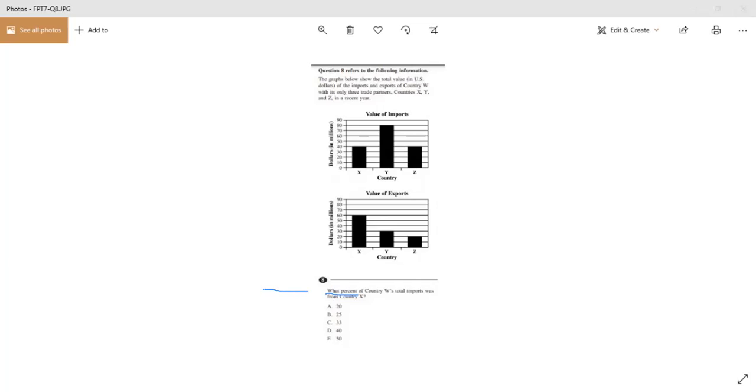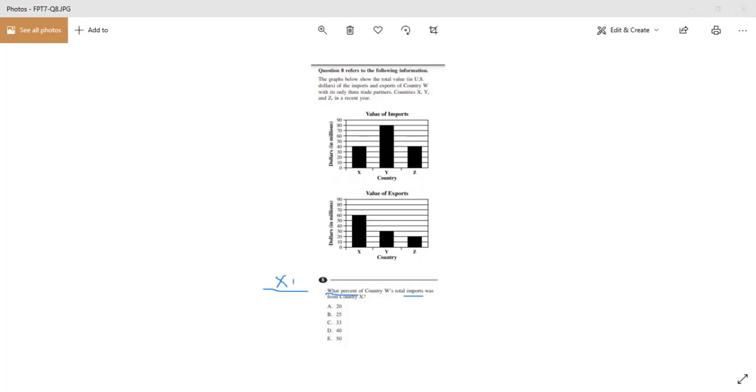They're asking us what percent of country W's total imports was from country X. So out of the total imports, they're asking what part of that is from country X, and specifically we're talking here about imports.